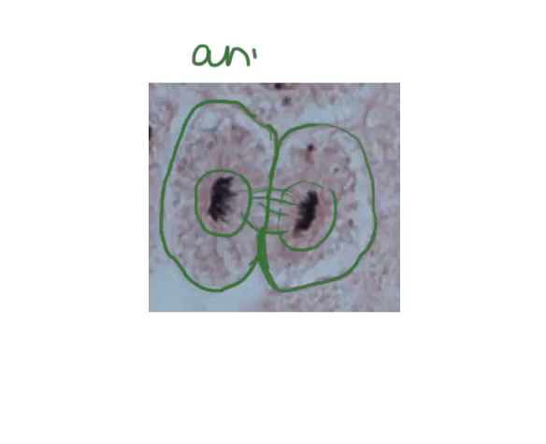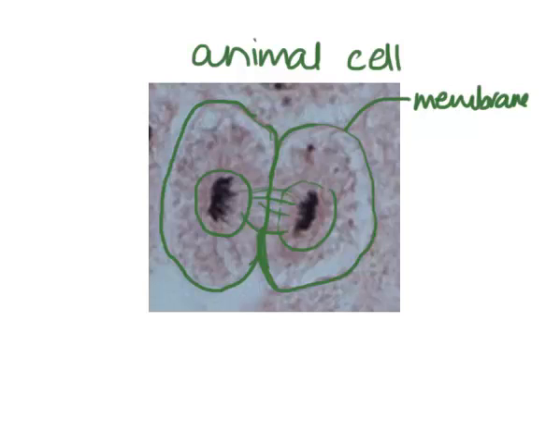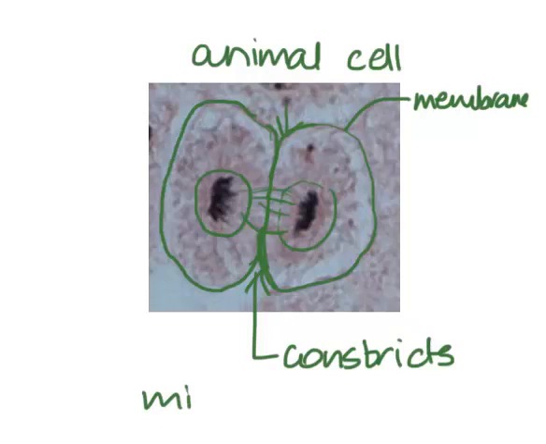And so in an animal cell, we can notice that there is a cell membrane only, which is not rigid, and we can see that the cell membrane constricts. This means it pulls tighter and tighter in, and of course this movement of the cell membrane is controlled by microtubules.